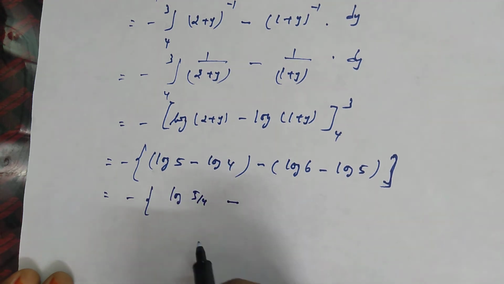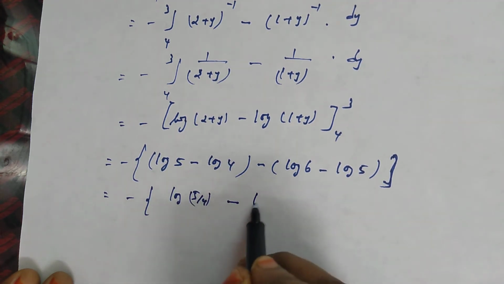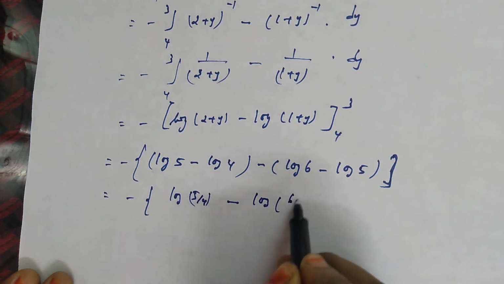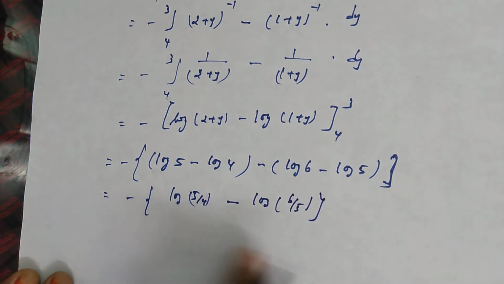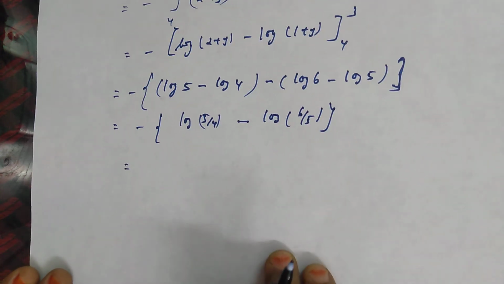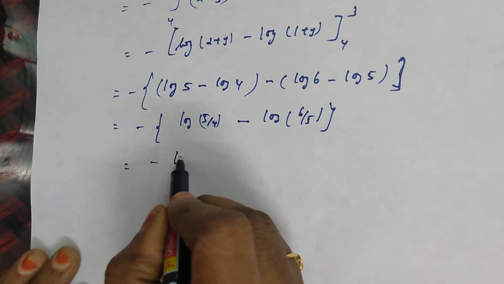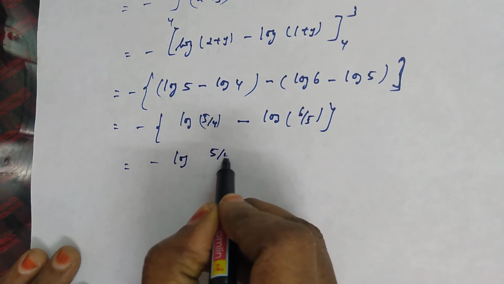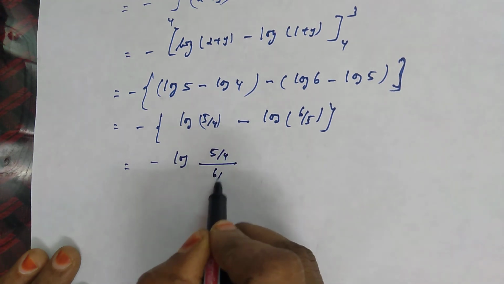Log A minus log B gives log of 5 by 4, and this can be written as log of 6 by 5. Again we can apply log A minus log B. So this can be written as minus log of 5 by 4 divided by 6 by 5.